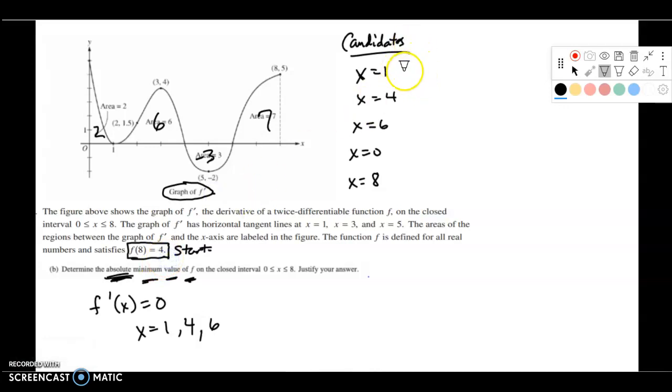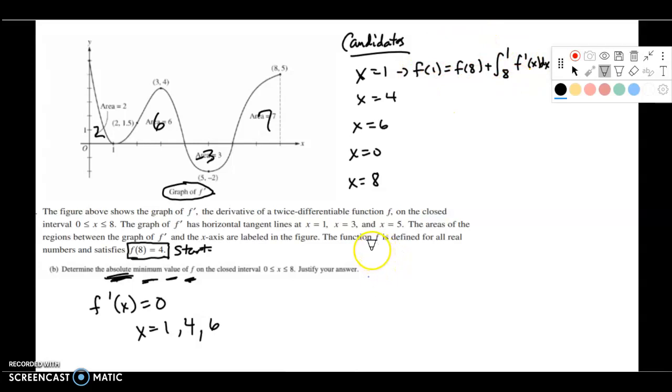So we can figure out what f of 1 might be. So f of 1 will be f of 8, that's where we start from, plus the integral from 8, where we're starting from, back to 1 of f prime x dx. So now I need to find this value. So let me do it down here.